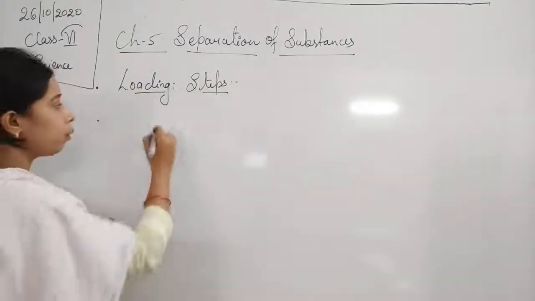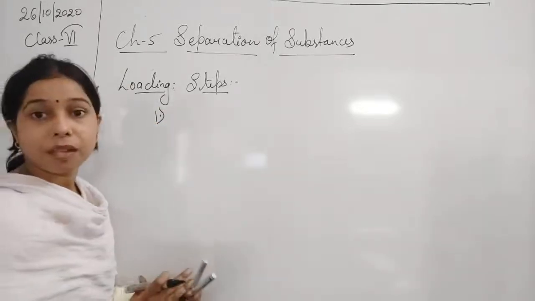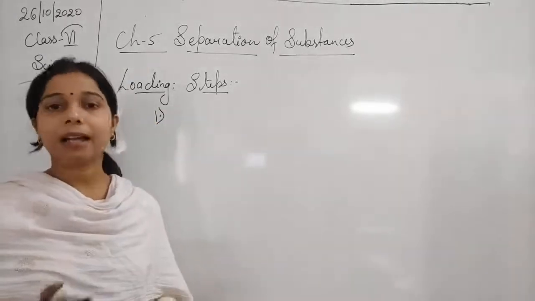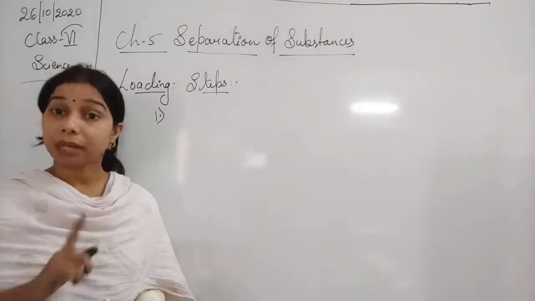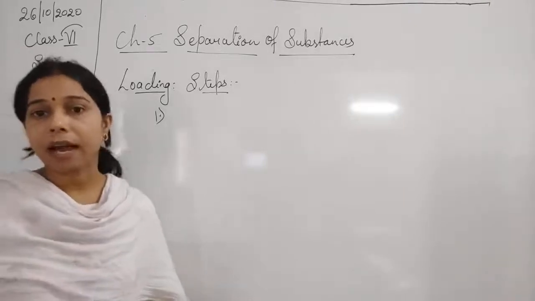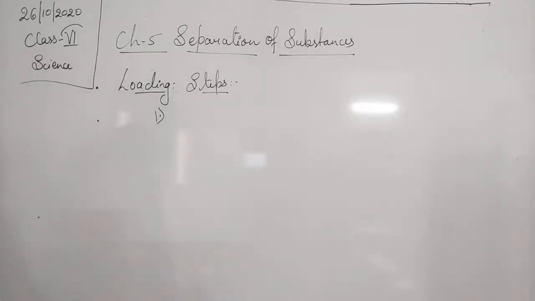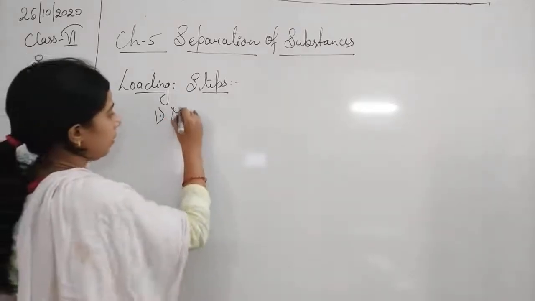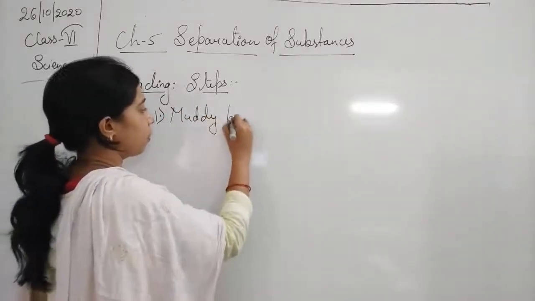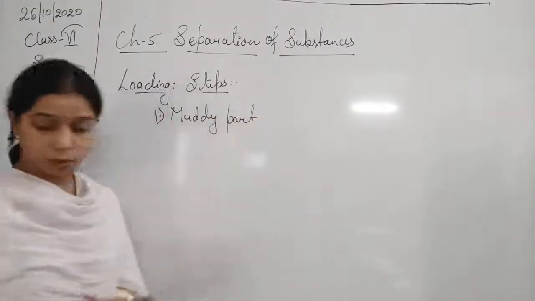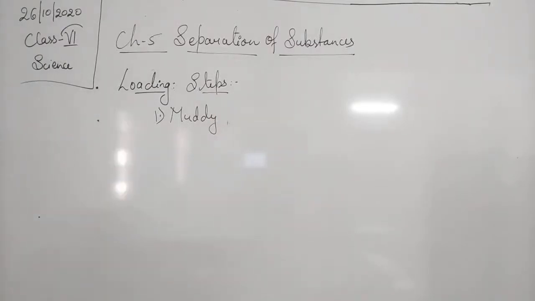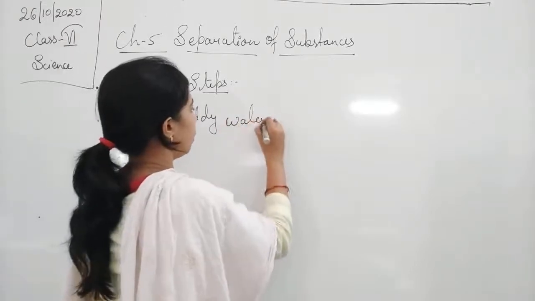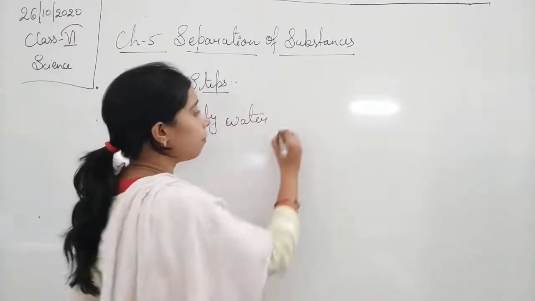So what we will do, students, at first, is take a mixture of water and mud. We can say it is muddy water. Muddy water means it consists of mud and water. So you can understand by this what muddy water is.